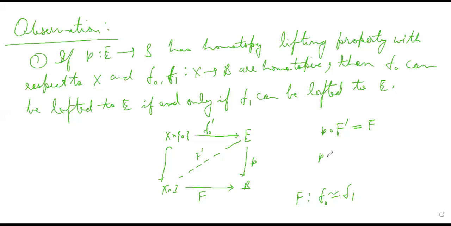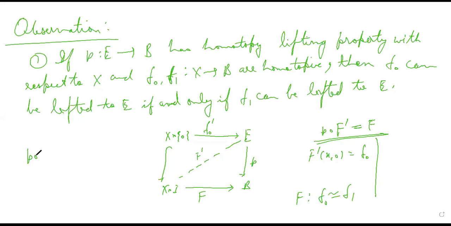But then P composed this, you consider this, so here F prime X comma 0 will be F naught, right? And from here we can use it here.